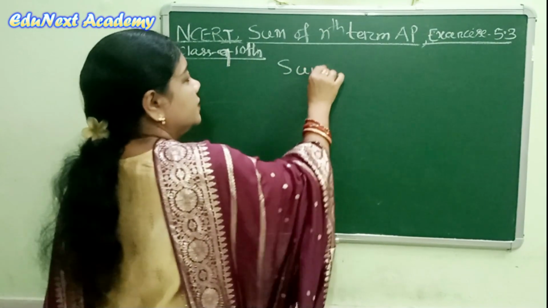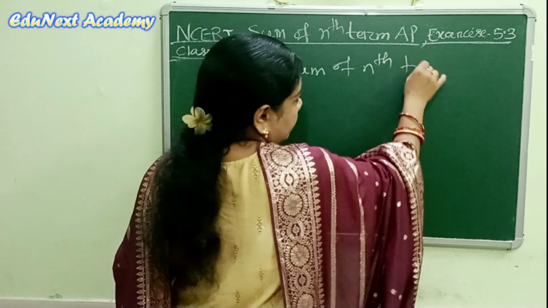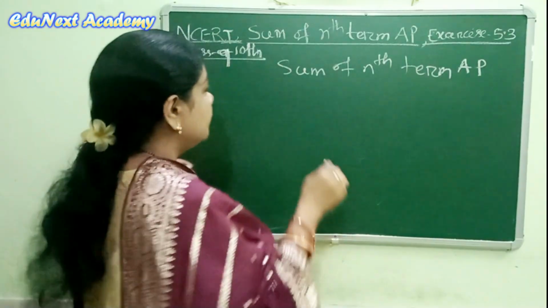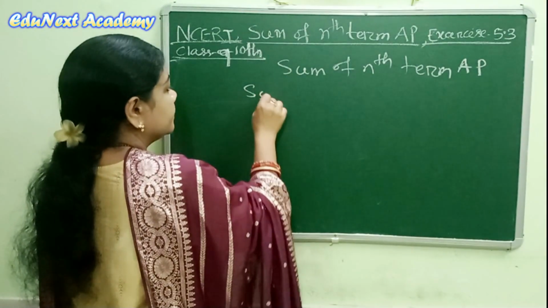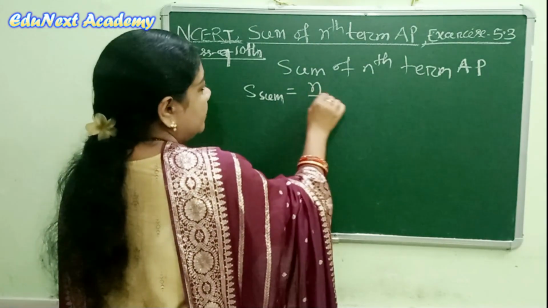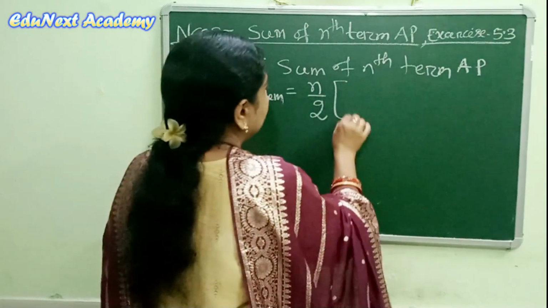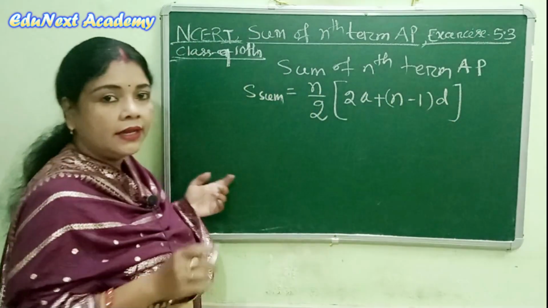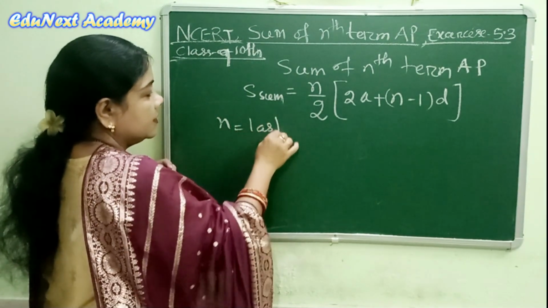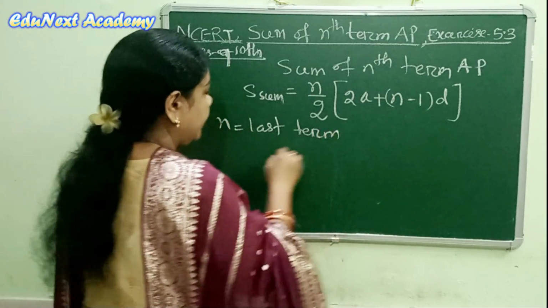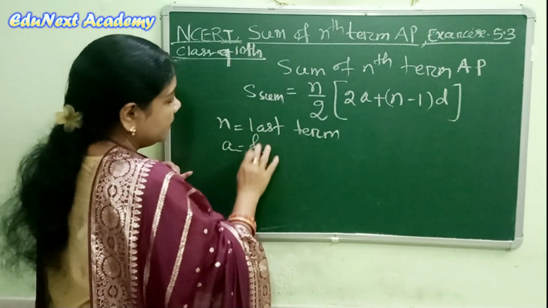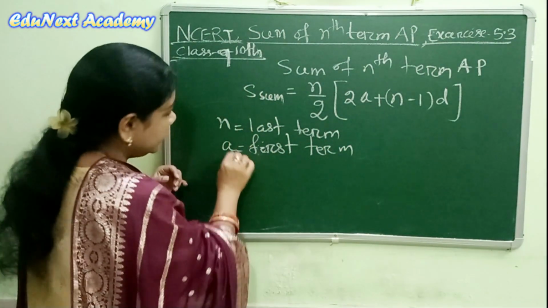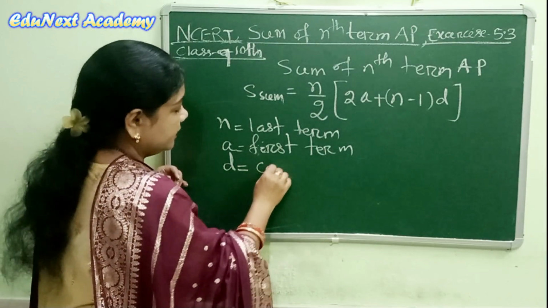So here the sum of n terms of an AP, arithmetic progression, is defined by S equals n by 2 whole into 2a plus n minus 1 into d, where n is the number of terms, a is the first term, and d is the common difference.